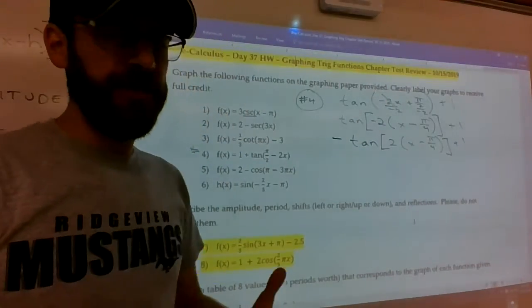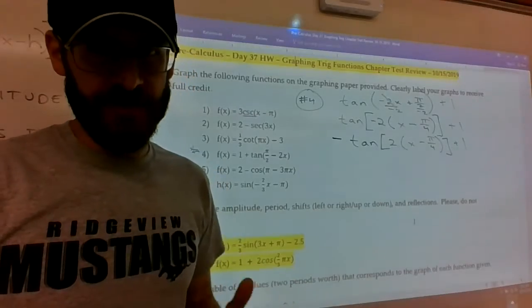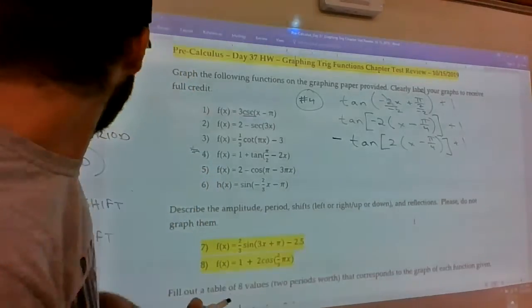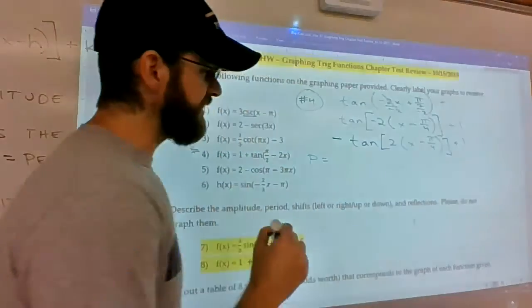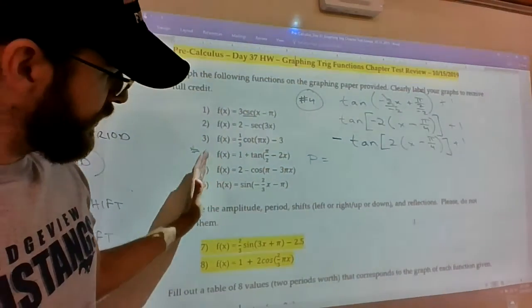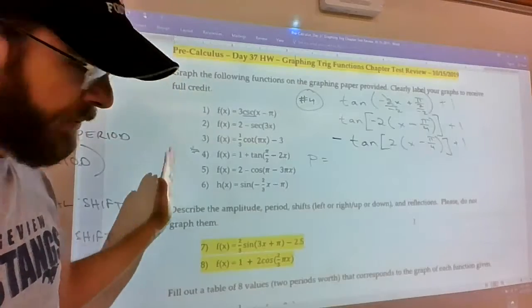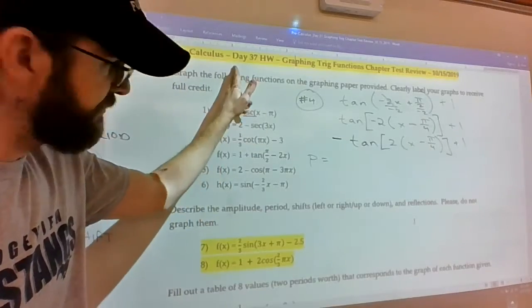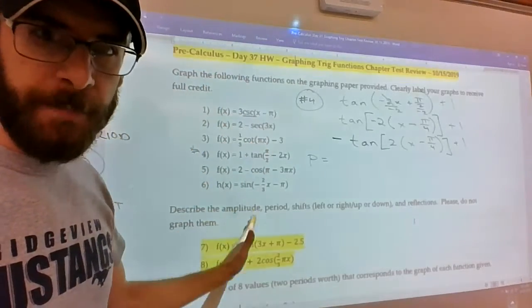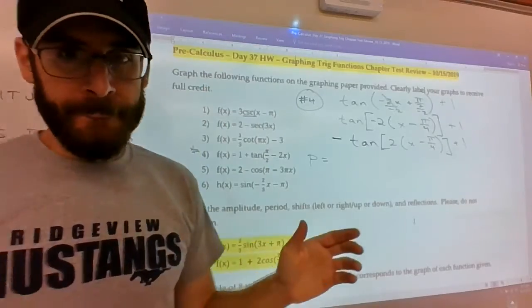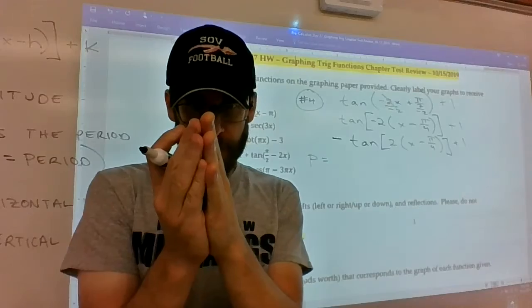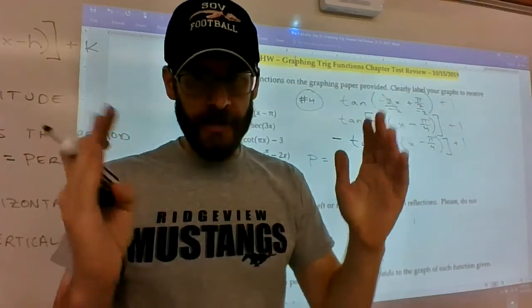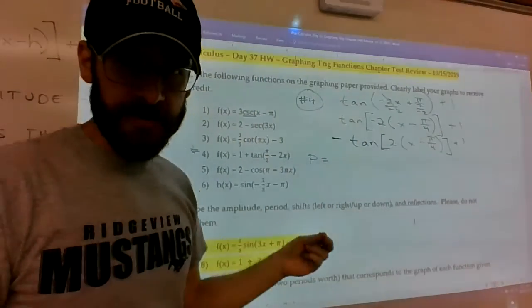Now, we generally don't describe an amplitude for tangent, so I'm just not going to write amplitude. Its period, though, is different. If you recall yesterday when we had asymptotes at negative pi over 2, you drew your tangent function, and then the asymptote reappeared at pi over 2, it only took pi units. Pi over 2 plus pi over 2 is pi units in order to recycle our tangent function.